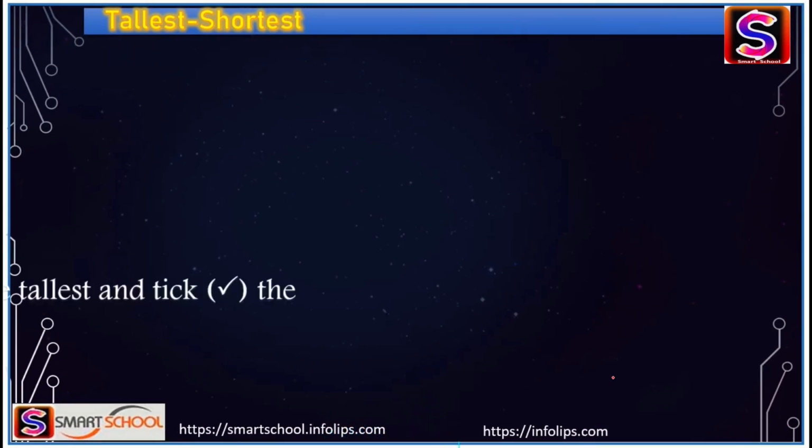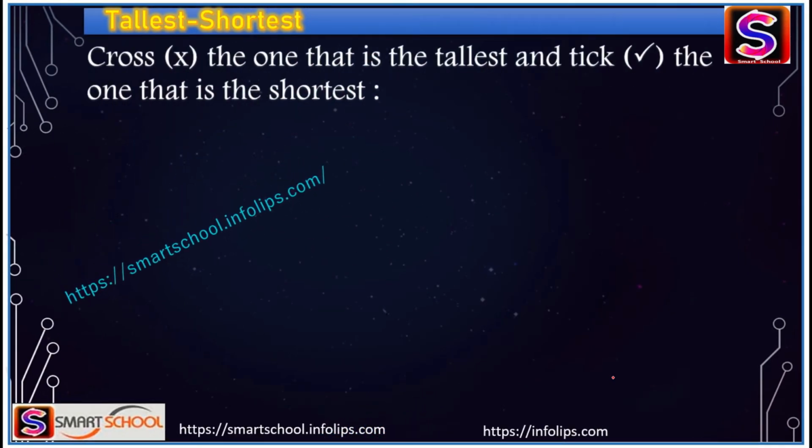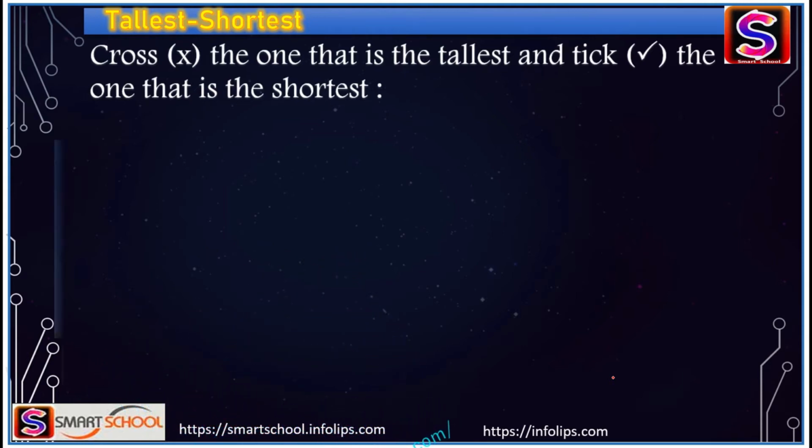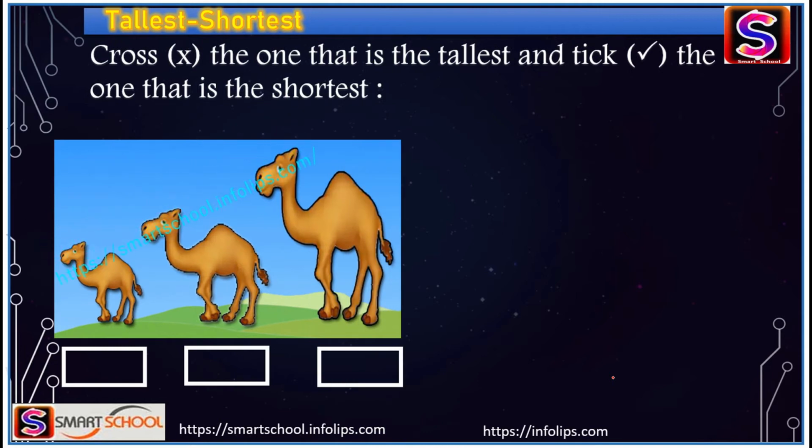Let's see some more examples of tallest and shortest. Here, cross the one that is tallest and tick the one that is shortest. See another example, there are three camels. The first one has this much height, the second one has only this, and the third one has this. So see here, the height is increasing.